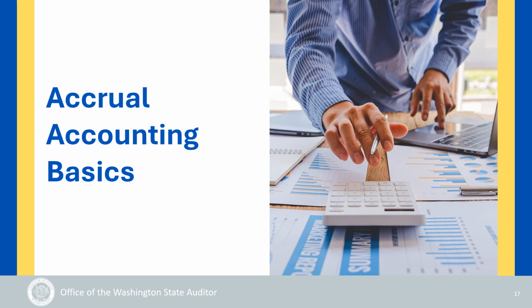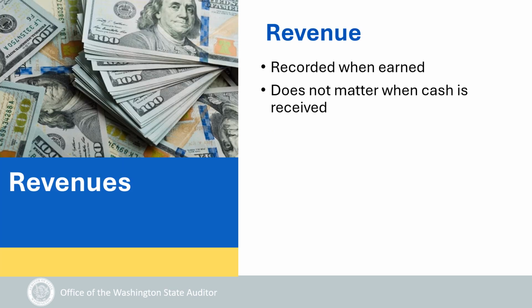Now that we know the major account types, we'll dive a little further into accrual accounting and how specific accounts are used in accrual accounting. Starting with revenue. Under accrual accounting, revenue is recorded when it is earned. It does not matter when the cash payment is received.